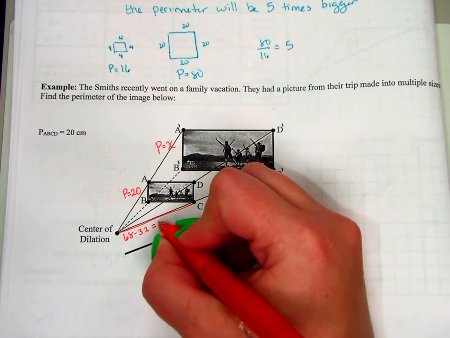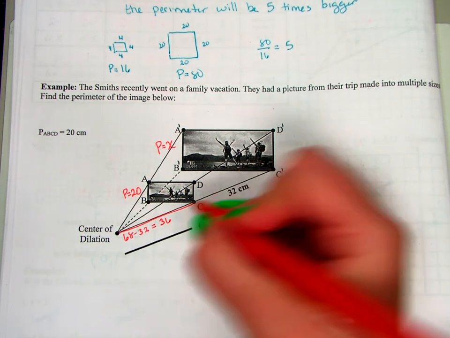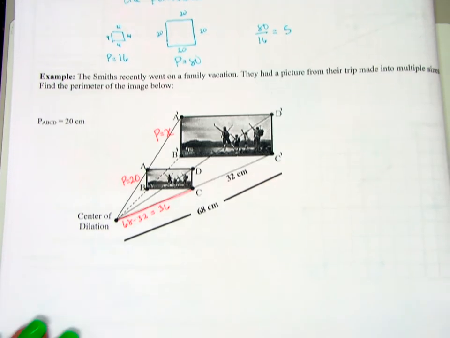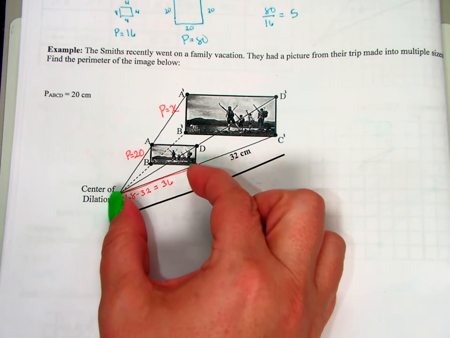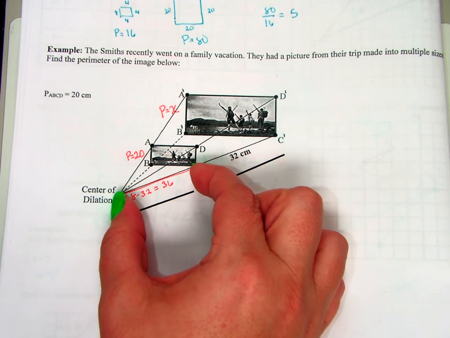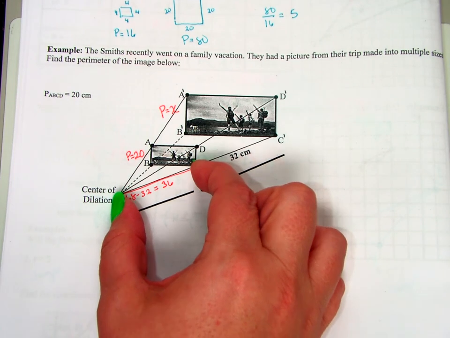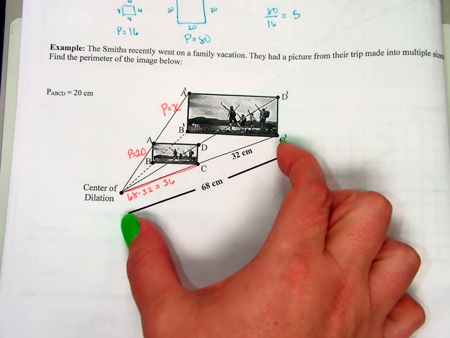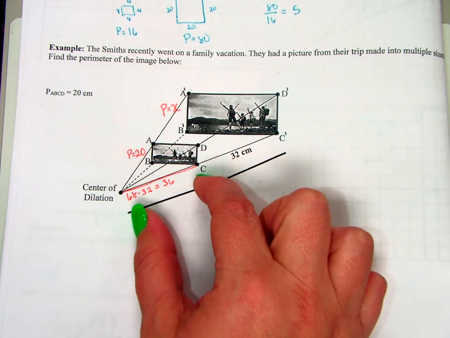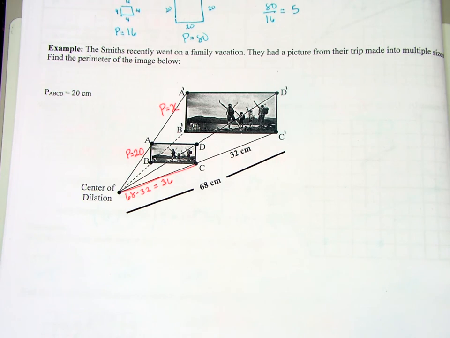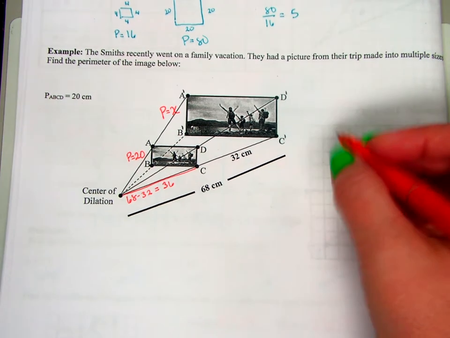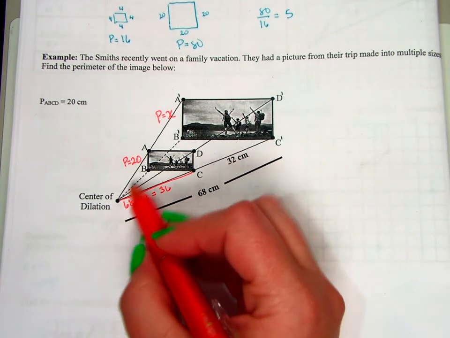Yeah, so 68 minus 32 is going to give me 36. Okay? So remember the center of dilation from the center to the image, and then compared to the pre-image, and then that same thing compared to the image will give us our scale factor. Okay?